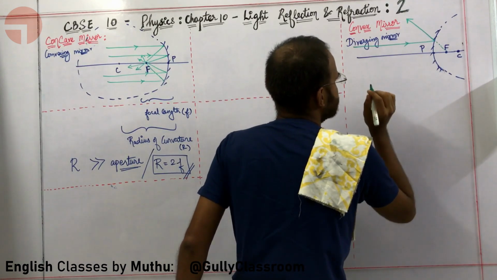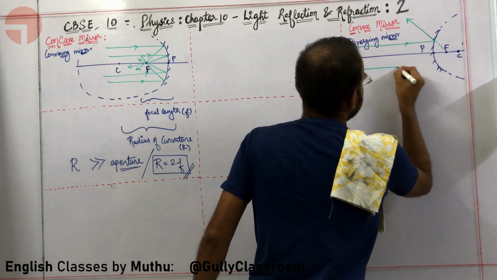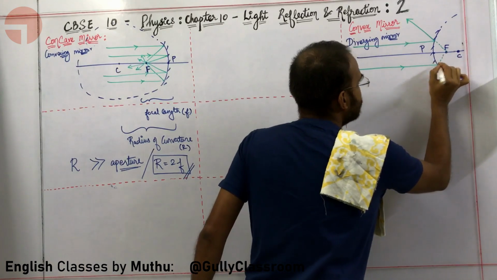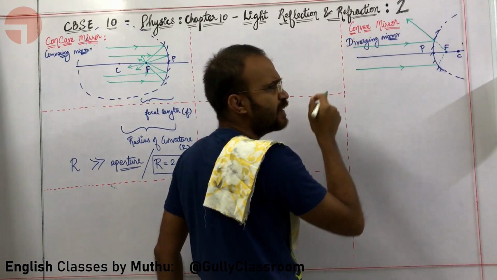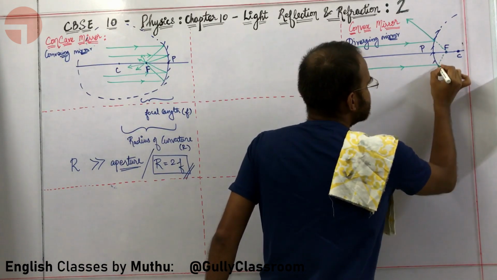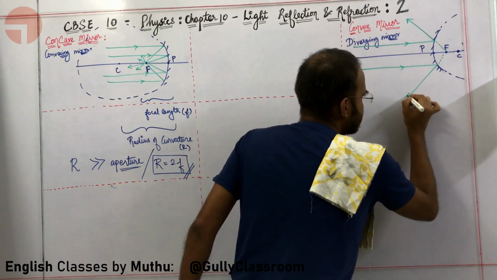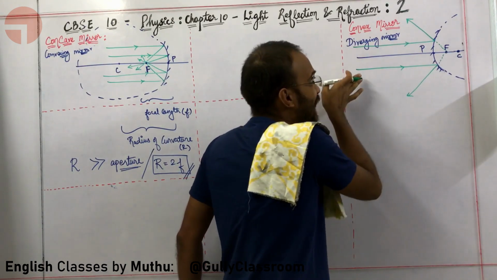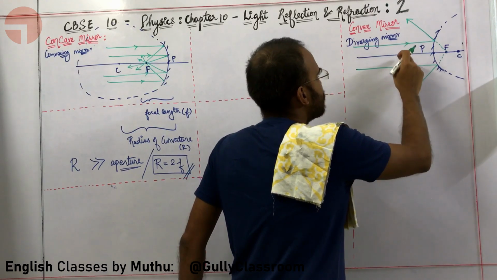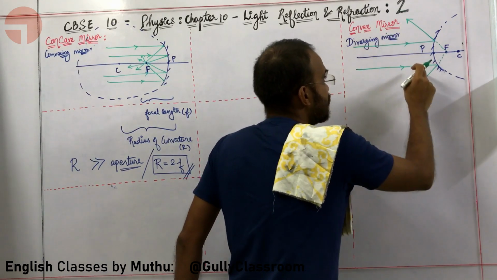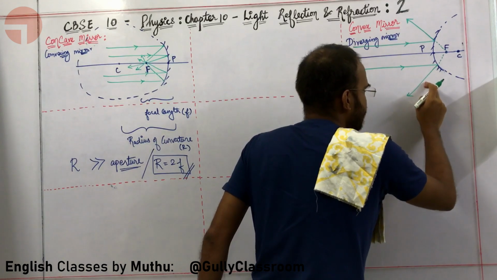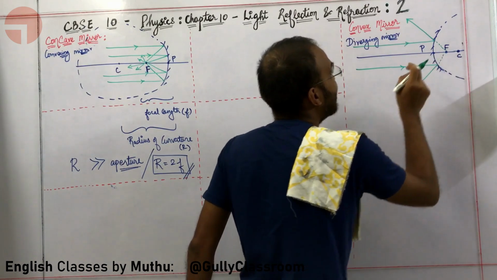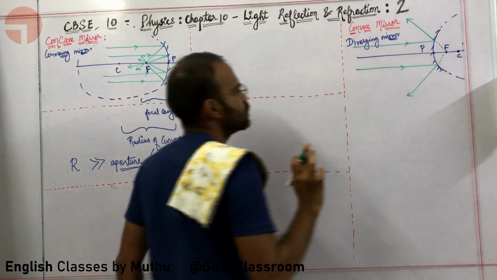Because a convex mirror is a diverging mirror, a light ray parallel to the principal axis will be diverged in such a way that it is coming out of the focus behind the convex mirror. Parallel light rays to the principal axis in a convex mirror will be diverged such that they appear to come from the principal focus present behind the mirror on its principal axis.